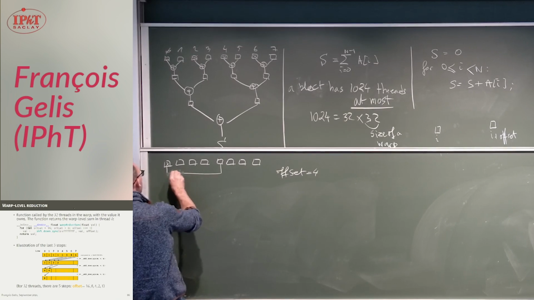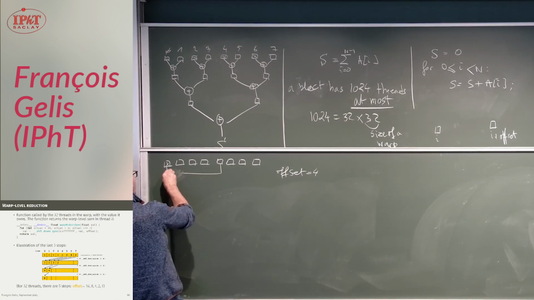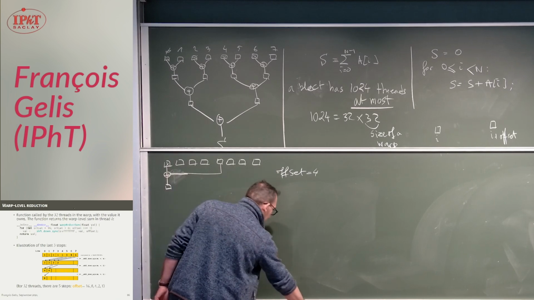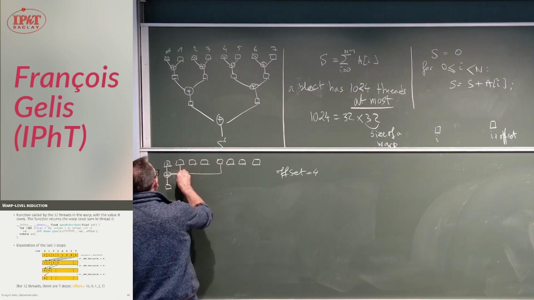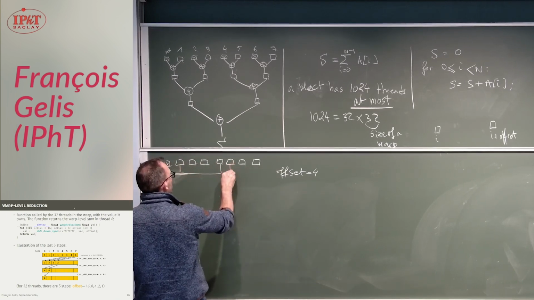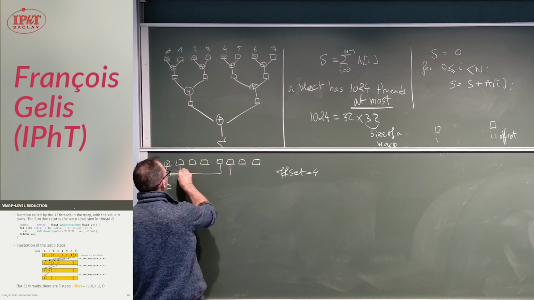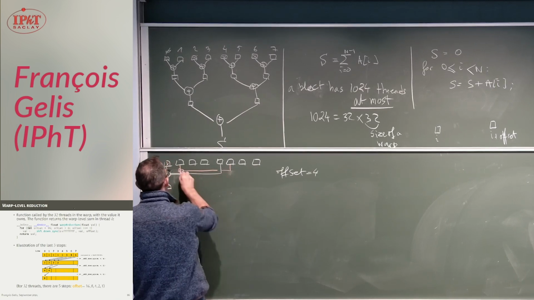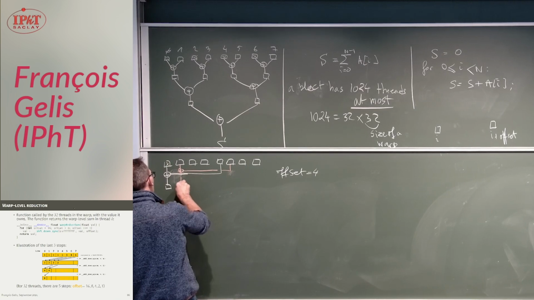back where you have it here. Then this one is taking the value which is at offset 4 as well from itself, and it writes the sum here.